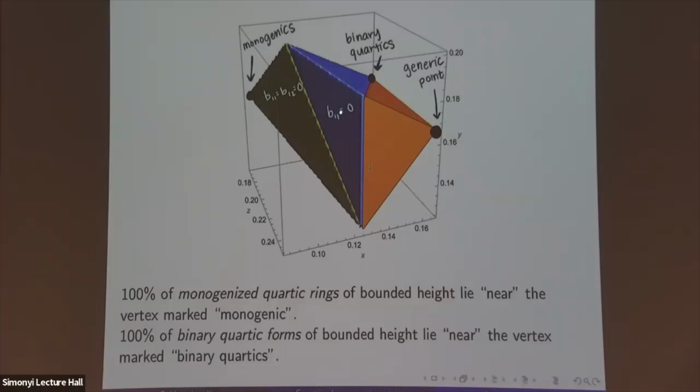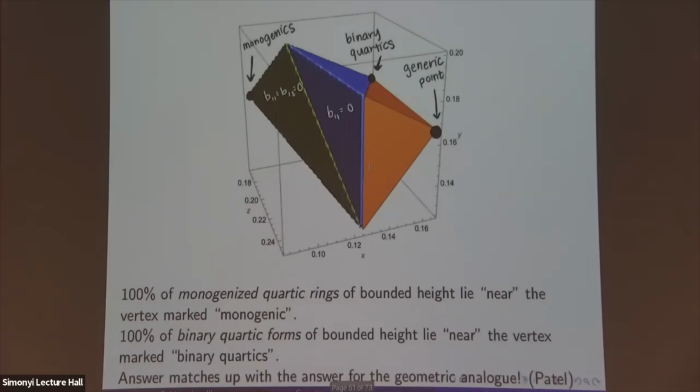And all the rings in the B11 equals 0 part of the cusp lie here, and those in the B11 equals B12 equals 0 part of the cusp lie here. So we see that the density function changes. It has these transition points when we go deeper into the cusp, essentially. So I think this is neat. I think it packages a lot of features together.